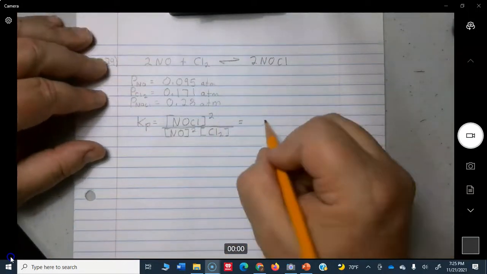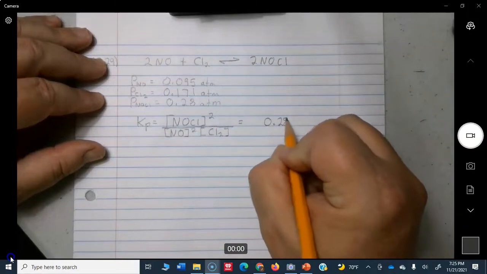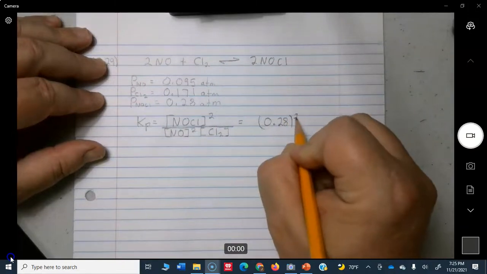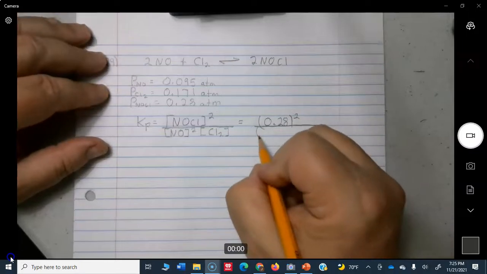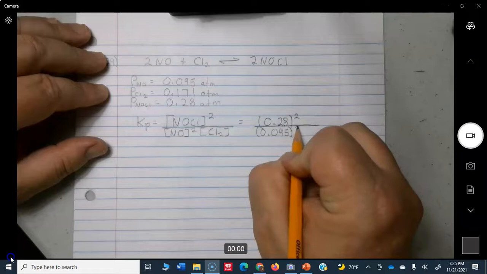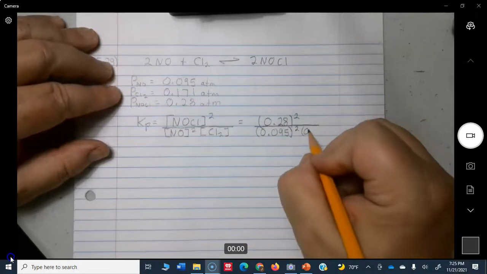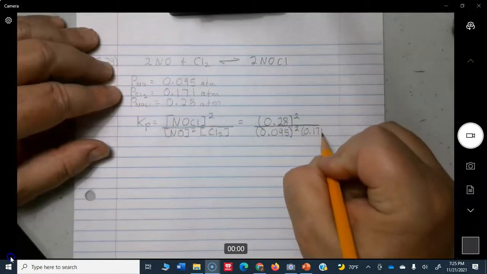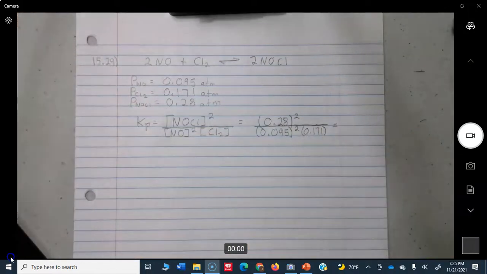So for NOCl, it's this. And we have to square that. NO. And we square that. Cl2. And now we just calculate.